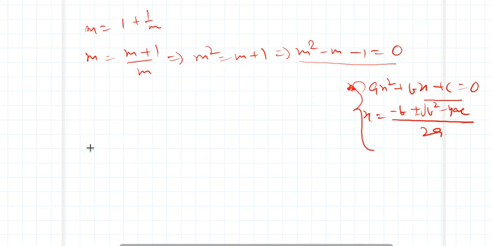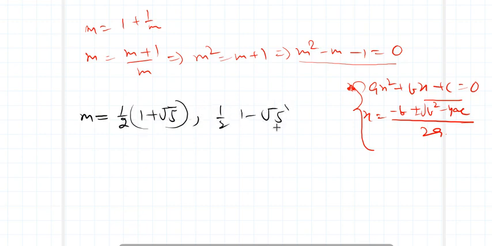If I use this, then the value of m is 1 by 2 times 1 plus root 5, which is 1.618, and another value is 1 by 2 times 1 minus root 5, which is minus 0.618. That's what we are getting.